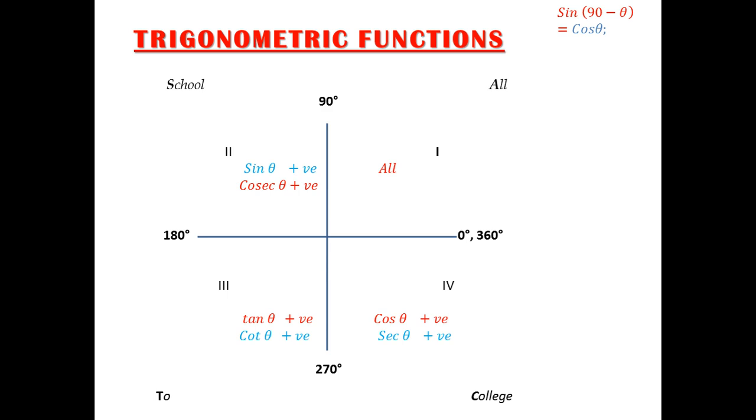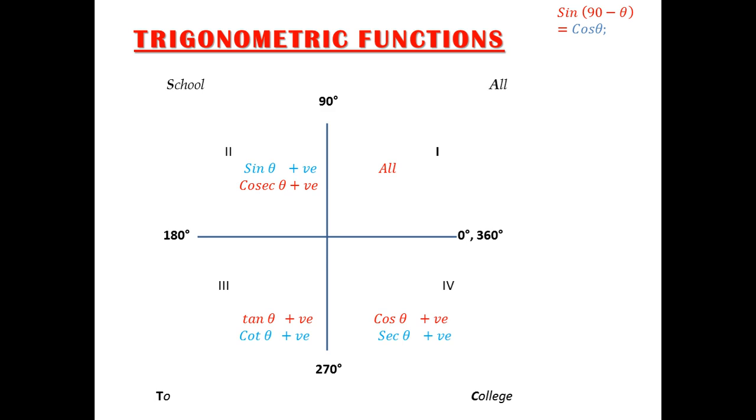Okay, first thing is we have to check the quadrant, and second we have to check whether we are adding or subtracting from 90 or 180 or 270 or 360, because I have already told you that at 90 and 270 we have to change. So second point is we have to see 90 plus or 90 minus, 180 plus or 180 minus, what is going on.